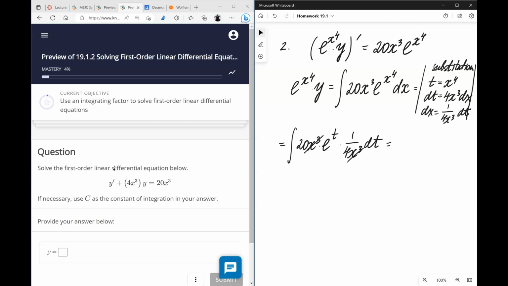X cubed cancels, 20 over 4 is 5, so we have 5 e to the t dt, so the antiderivative is 5e to the t, but instead of t I'm going to write x to the 4.